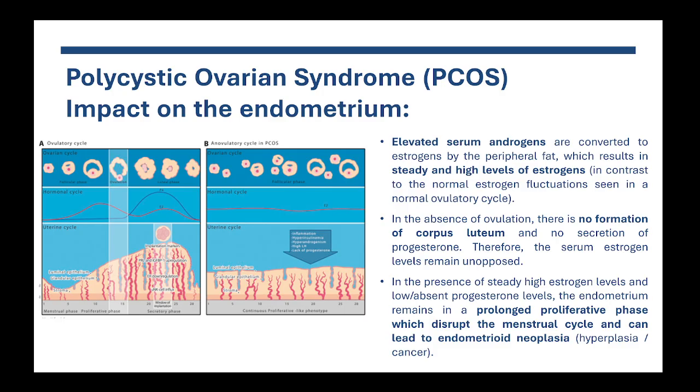So the endometrium will remain in the proliferative phase and be constantly stimulated to grow and will become thick and overgrown, and that will disrupt the menstrual cycle. And not only that, it can also lead to endometrial neoplasia. And when we go over the diseases of the uterus, we will talk about endometrioid neoplasia and its relationship with PCOS as well.